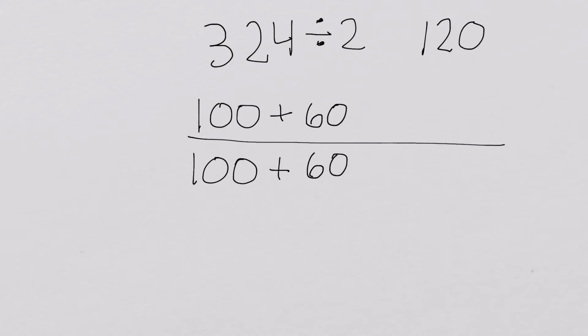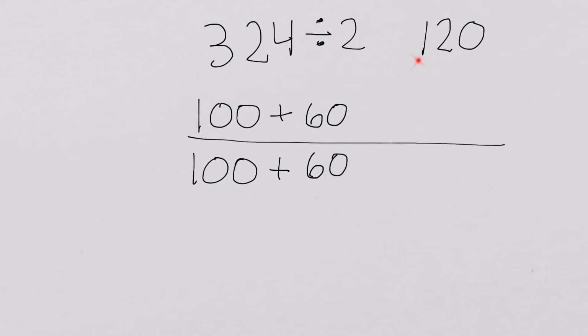Let's think of that again. We had 3 hundreds, and we gave each group 100, so that we used up 2 of our 3 hundreds. But we still had 1 left over, so we had to go to our tens place. And we exchanged those 100s for 10 tens, which is still the same thing as 100.